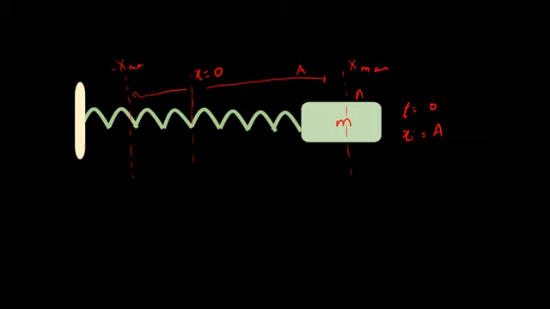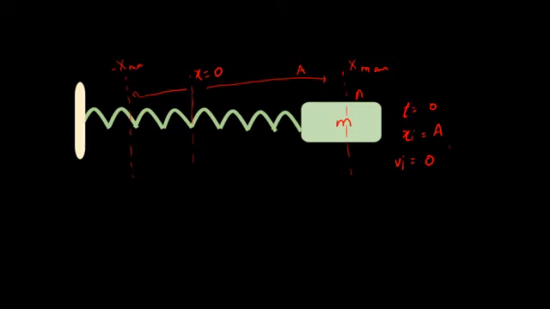It is called the amplitude. So at x equal to A, when the block is at its maximum position, at that time the velocity is 0. In classical physics we consider this block attached to a spring as the representation of a simple harmonic oscillator.